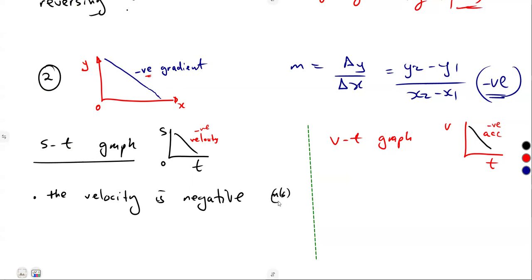And when the velocity is negative, what does it mean? It means that the object is reversing. The object is reversing for a negative velocity. Whereas considering the velocity time graph, the gradient represents acceleration.